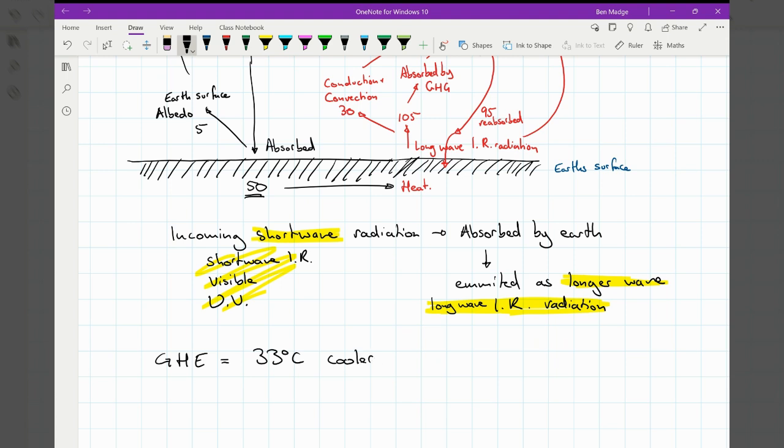If we didn't have a greenhouse effect, we would be much, much colder without it. So it's something we definitely need. And it controls lots of different things.